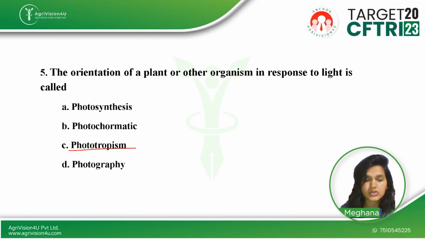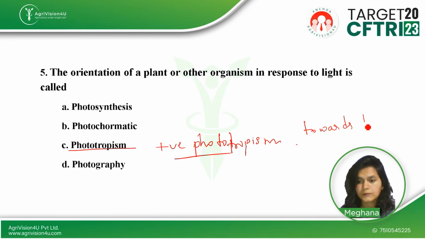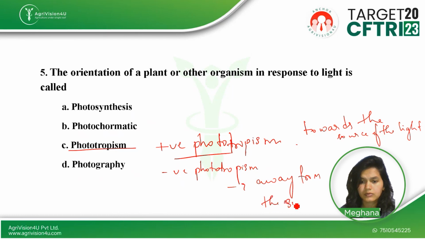Growth towards the source of the light is called positive phototropism, and the negative phototropism is away from the source of the light. So the right option is option C.